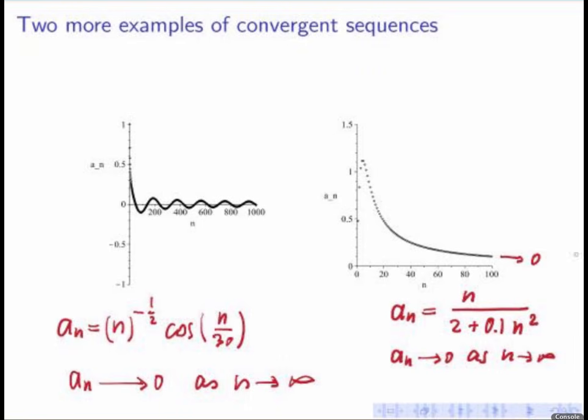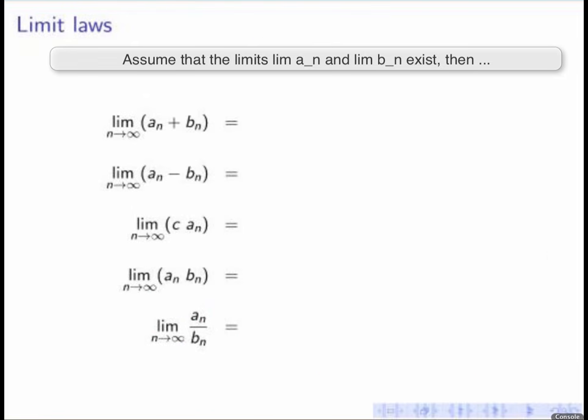This looks like it, no surprise here. Interesting is this bit, that you first have an increase, a very steep increase. The sequence becomes actually relatively large before it then eventually dives down, and then after a very long time it will approach 0.